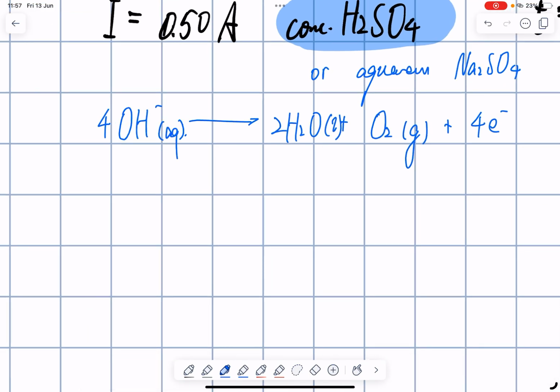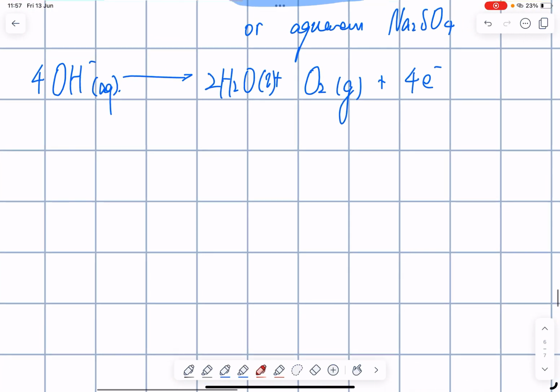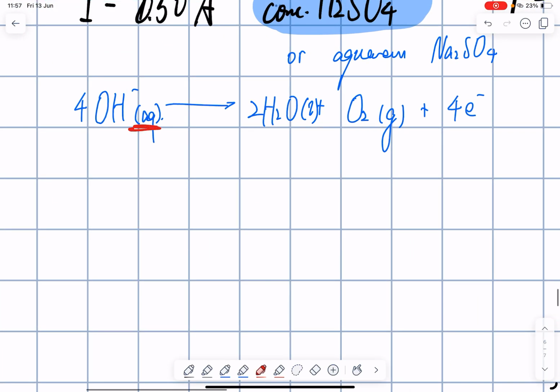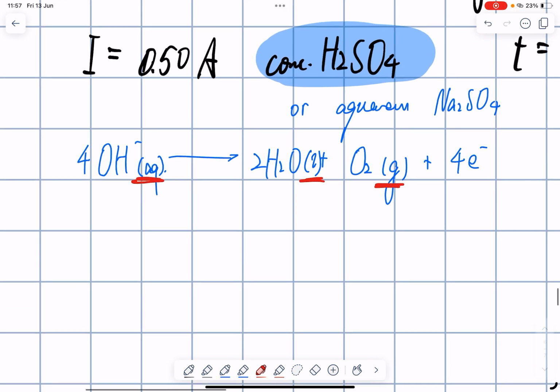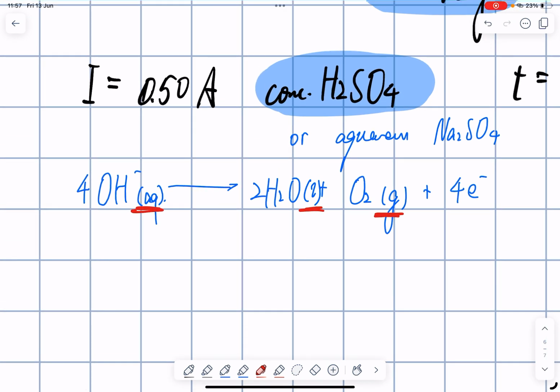Don't forget state symbols. This is important. I don't want to lose marks because of this, so be cautious.